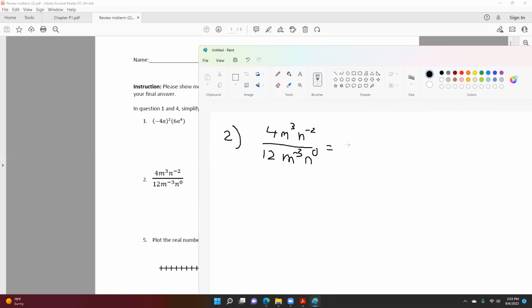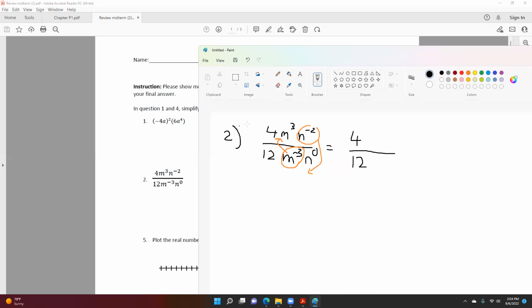Well, I switched over n to negative 2nd power to the bottom, and then brought 12m to 3rd power to the top. That would be wrong. Am I only supposed to move up the m to the 3rd power and leave the 12 down there? Yes, because your -3 here is only affecting the m, not the 12. Okay, got it. So that means your 4 and the 12 still remain on the top and the bottom.